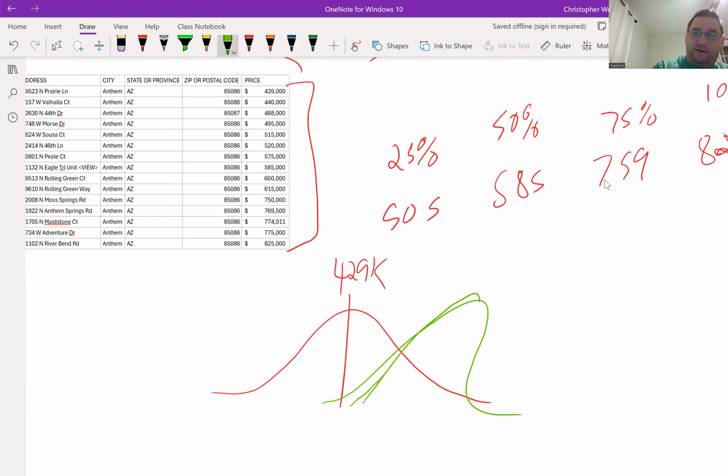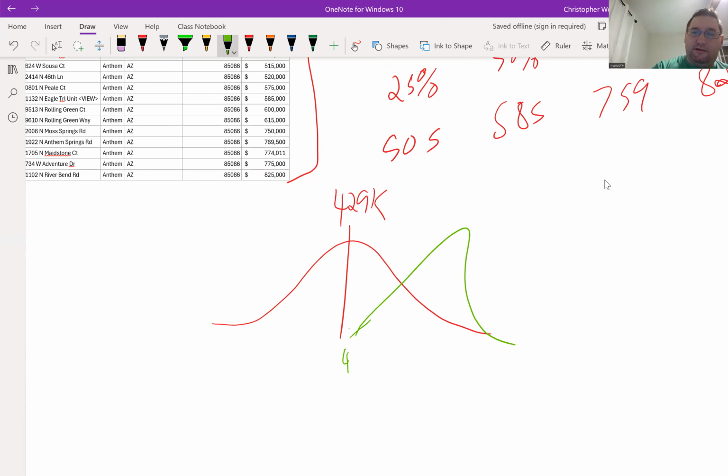So let me redraw this. It would actually be like this. Why? Because 439 is where the curve starts. Listings are on the high end.